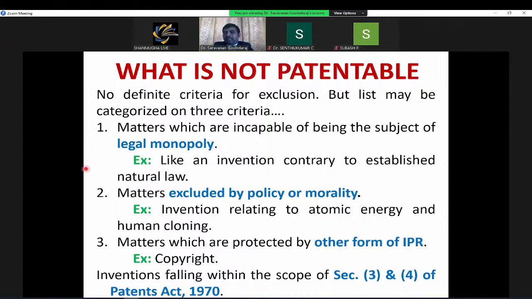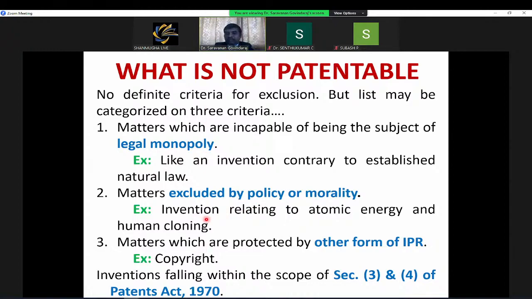For example, in the index also I told you about copyrights and trademarks. Okay, for example, a film song or story is protected by copyright. We can't get a patent for that song or that particular story. So for any matters protected by another form of IPR, we can't file a patent. So these are all the things that are non-patentable.